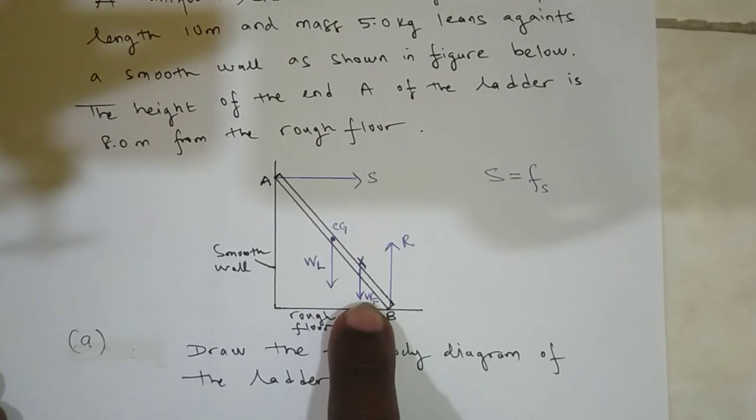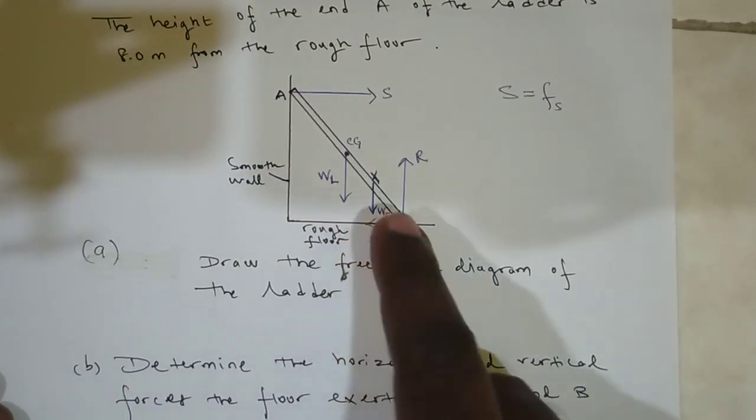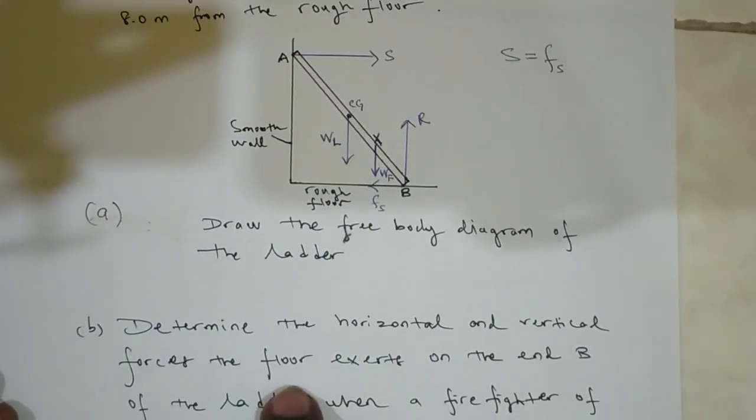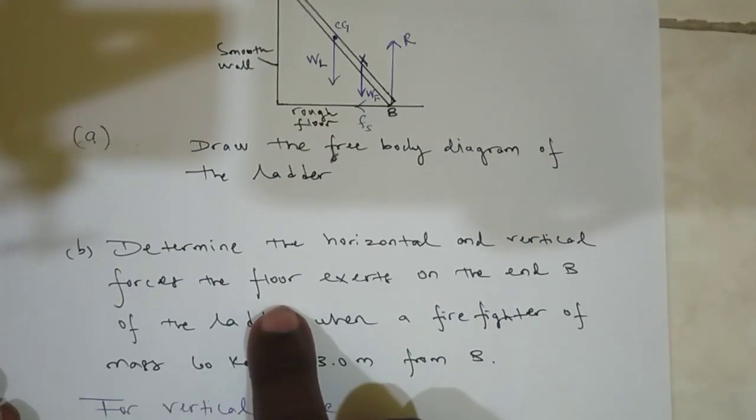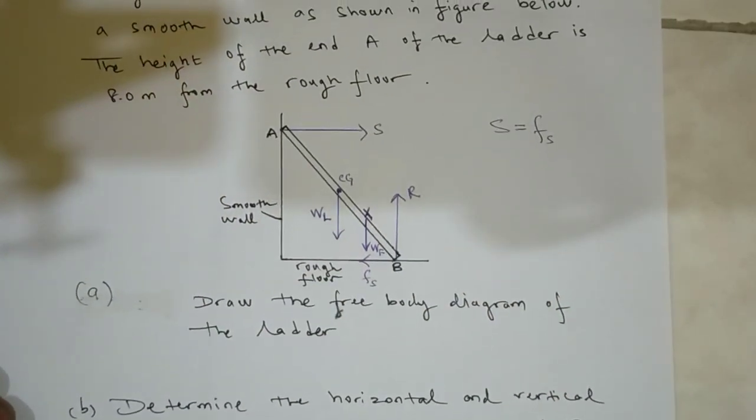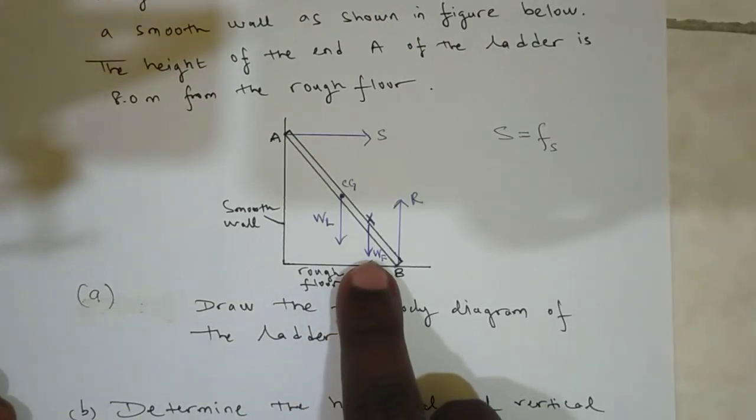For section B, the firefighter is 3 meter from B.